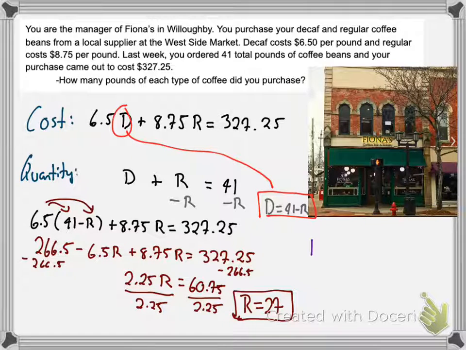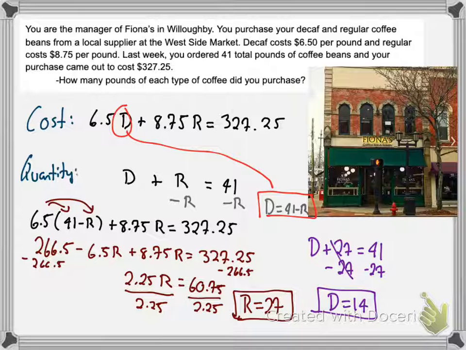So now my equation says D plus 27 equals 41. I'm going to subtract 27 from both sides, and I'll get D equals 14. So what I found in this problem is that I had 27 pounds of regular coffee and 14 pounds of decaf.